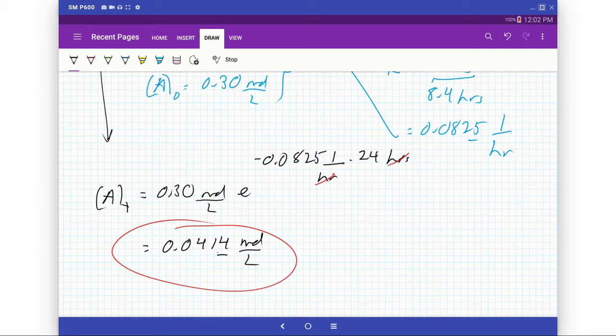So 0.041 moles per liter is the concentration after 24 hours. Does anyone have any questions on that? Okay.